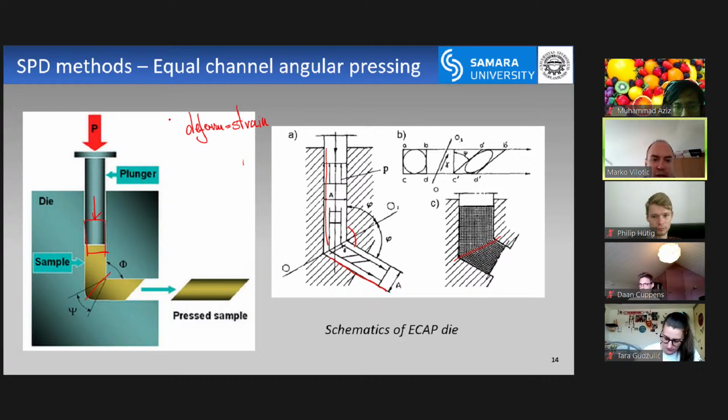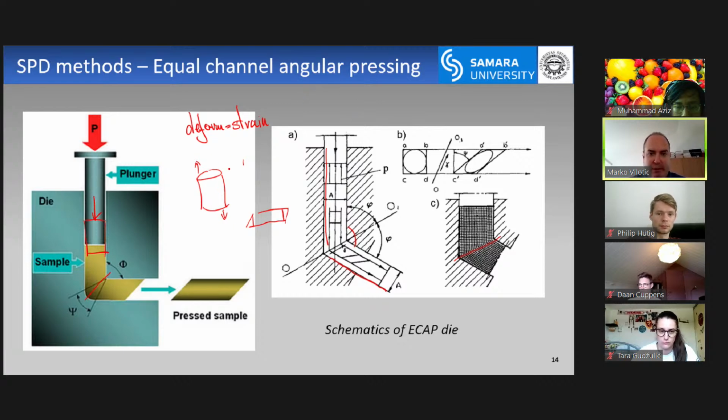One interesting thing about SPD methods is that, for example, if you have this sample shape, once it goes out, it will be a little bit skewed, but the general shape is the same. If you don't need this, you can just cut it off.